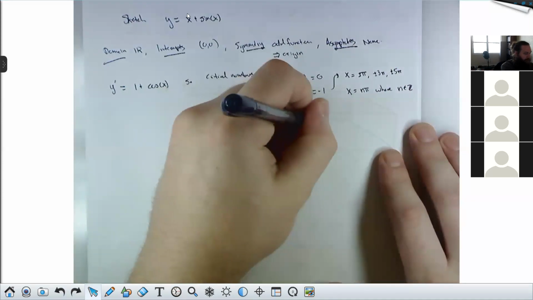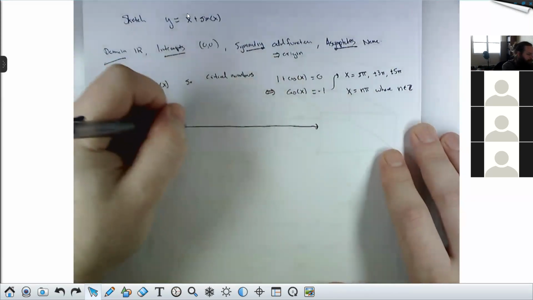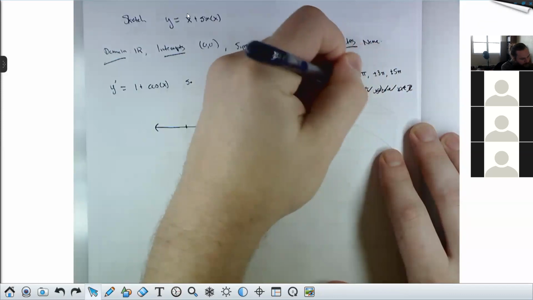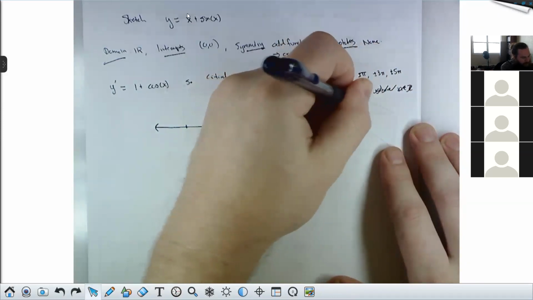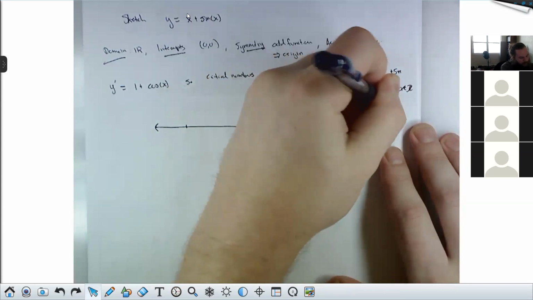So if I start making a number line, maybe I would put like, not any integer, I'm so sorry, odd integer. So x equals plus and minus (2n plus 1) times pi.